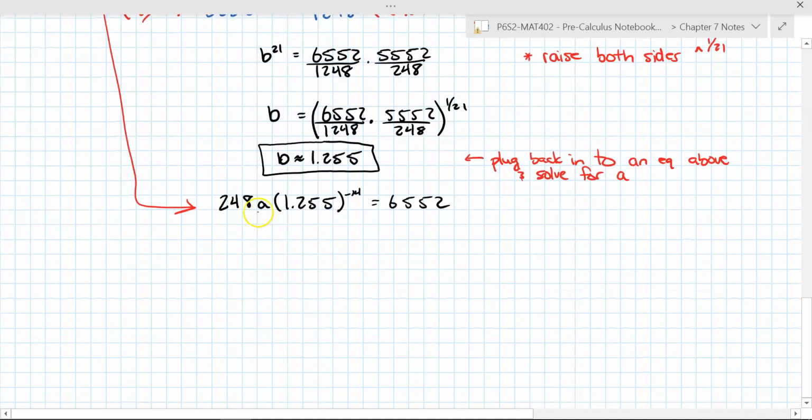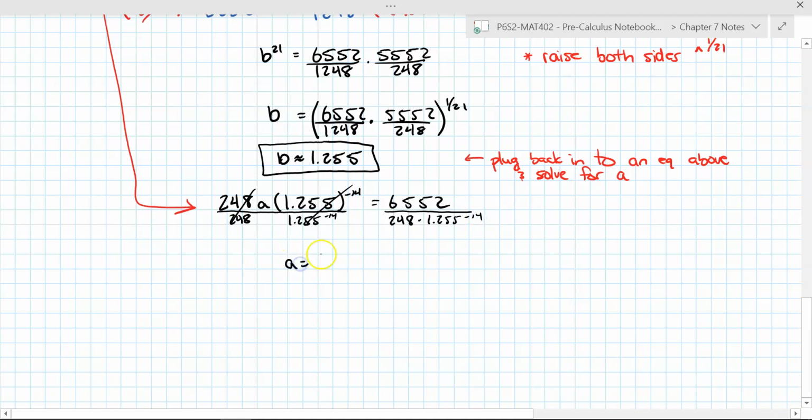So we just need to get A by itself. Well, just divide both sides by 248 and 1.255 to the negative 14th. That's going to cancel. That's going to cancel. I just have to do it to both sides.